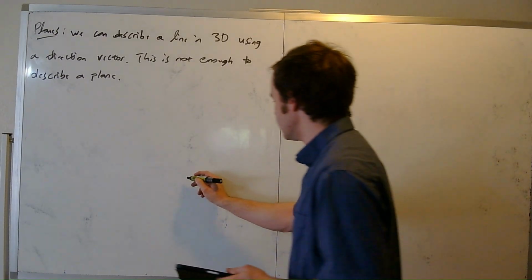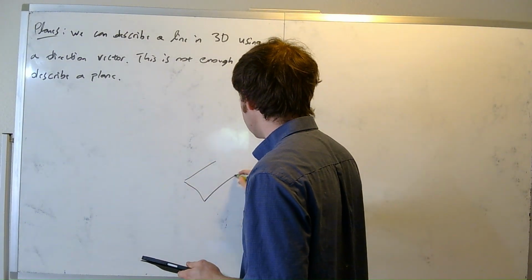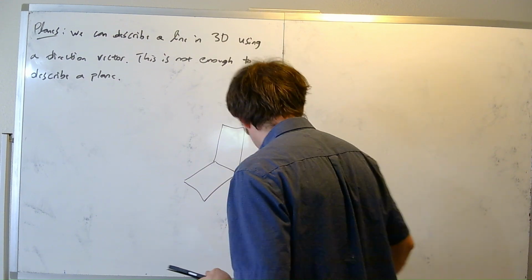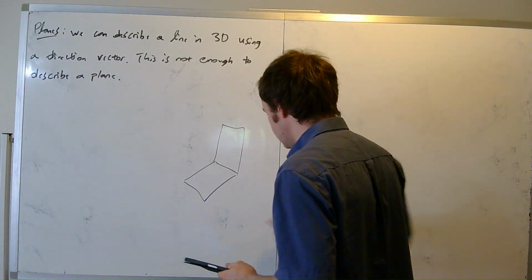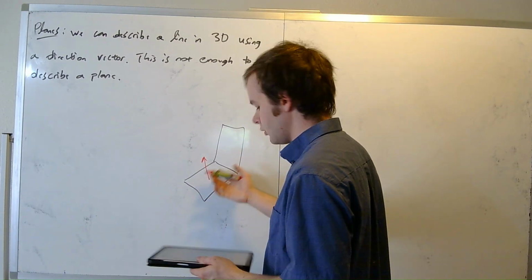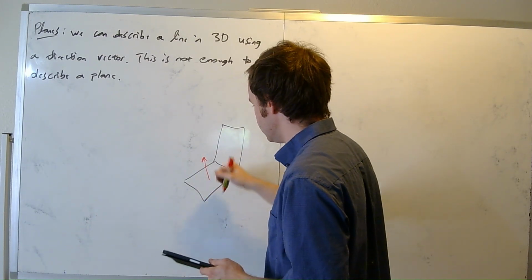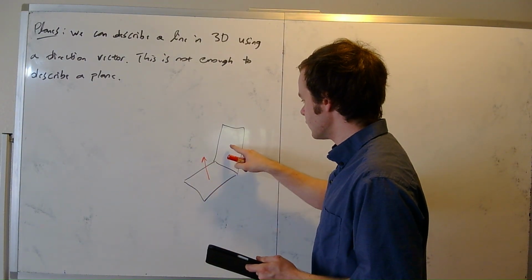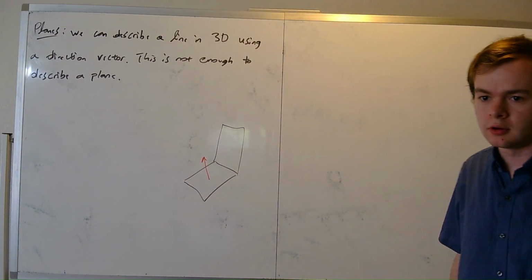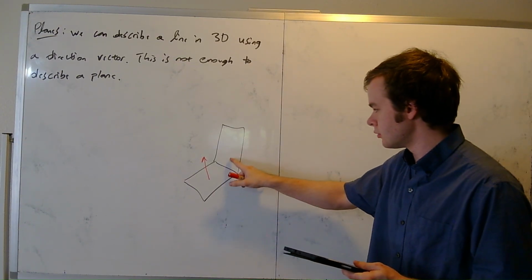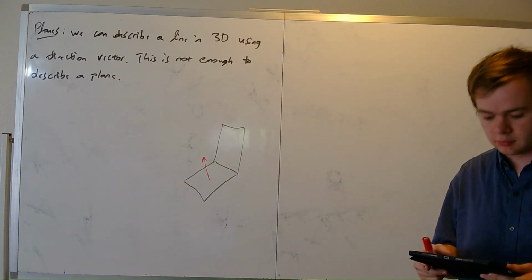Because let's say this is your floor and this is your wall here, then a line, or a vector, perpendicular to the floor is actually going to be parallel to the wall, so it's not perpendicular. So a line that's perpendicular to the wall wouldn't be perpendicular to the floor.